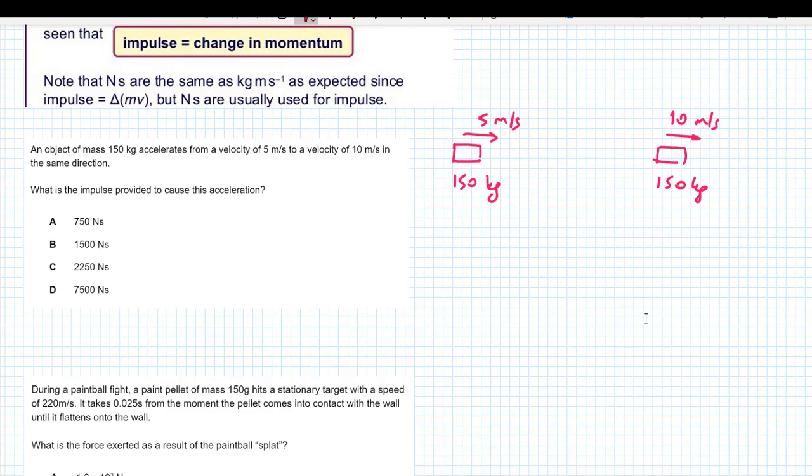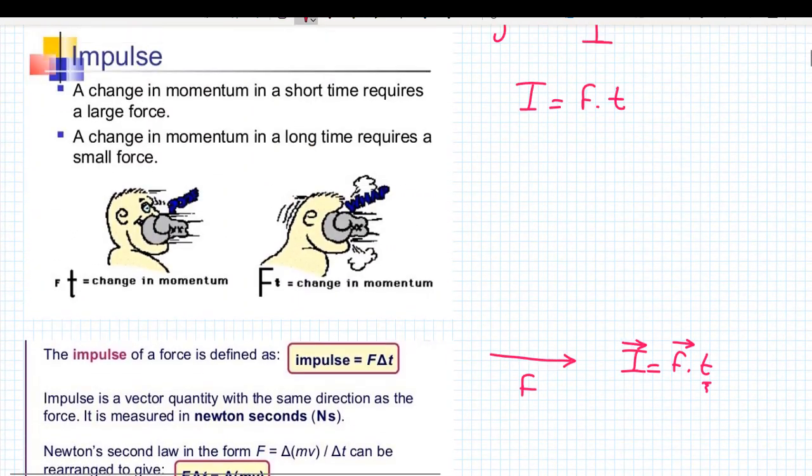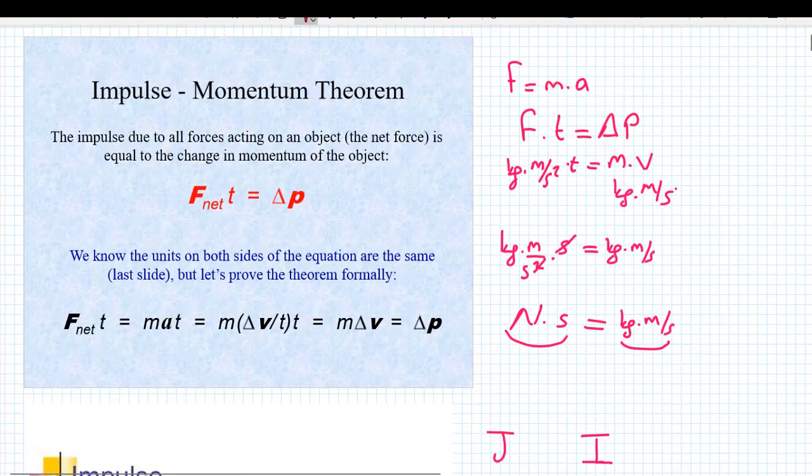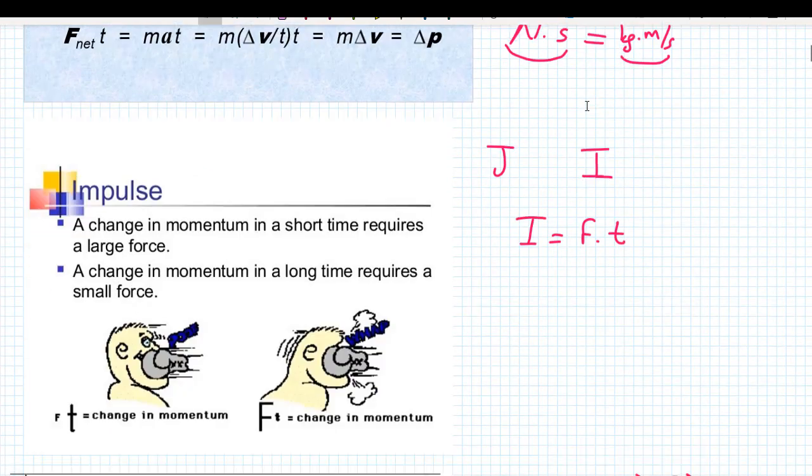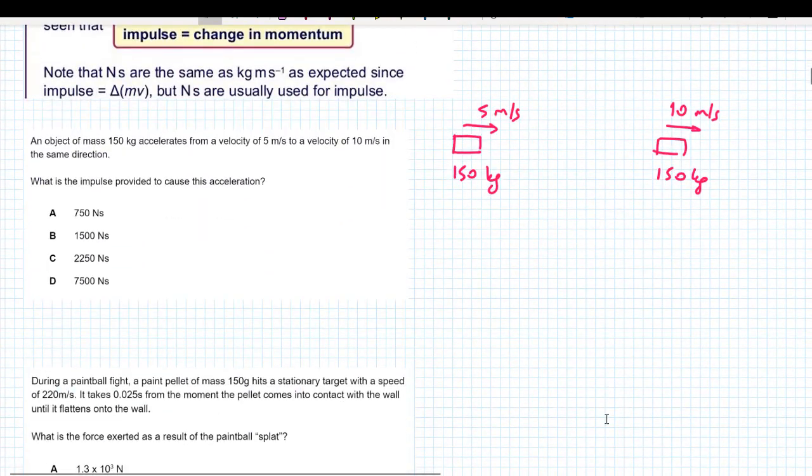As you remember, when we talked about impulse, we were talking about Newton's second law. If you apply a force on the object, it gains acceleration. The changing velocity means there is acceleration. The question asks what the impulse is.